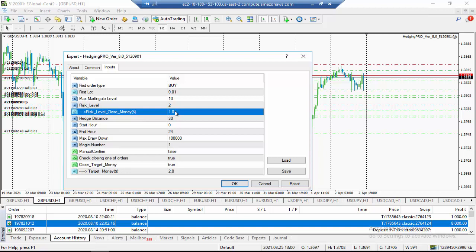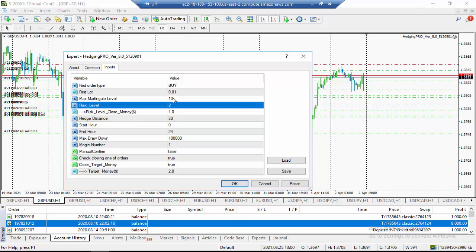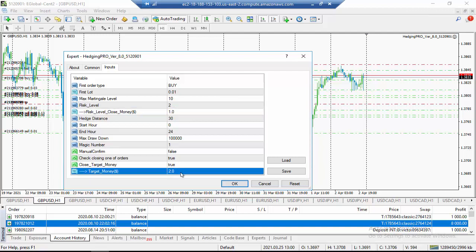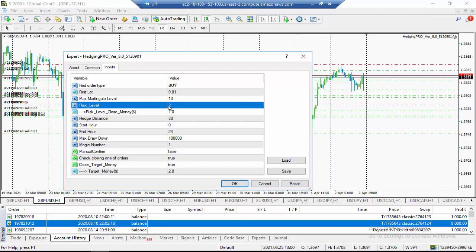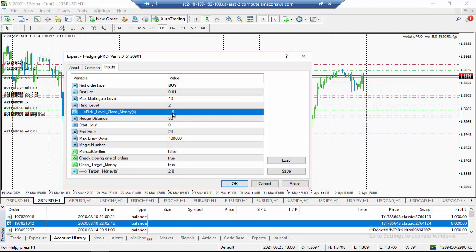If my account is in cent, if my account is in dollar, I want it to be $1. So that means if the software doesn't take profit and it opens the second level, this is my take profit here. My target money, you can see, is 2 cents or $2. But if the risk level of 2 has been taken, I want my profit to be $1 or 1 cent.